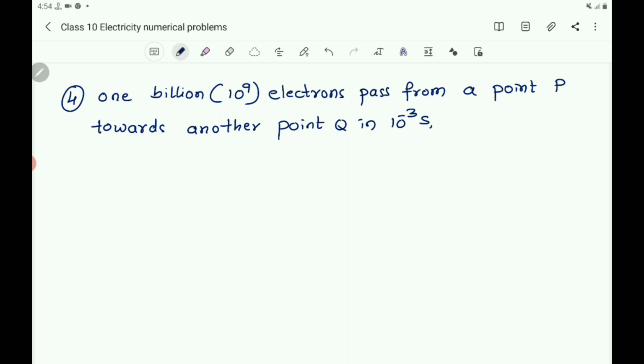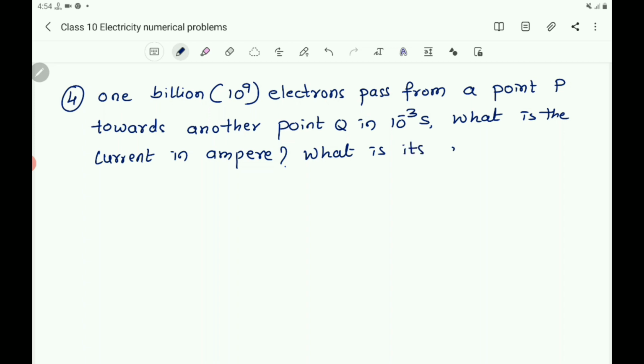What is the current in amps? What is its direction?